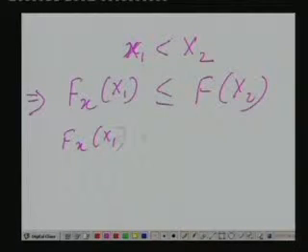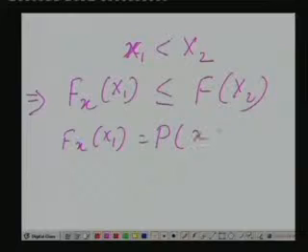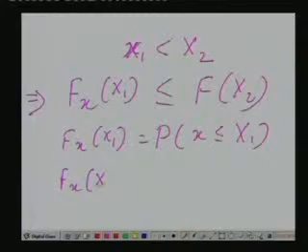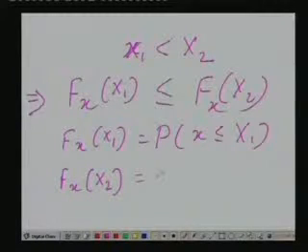After all, what is this F_x(x1)? This is nothing but P(x less than or equal to x1), and F_x(x2) is P(x less than or equal to x2).